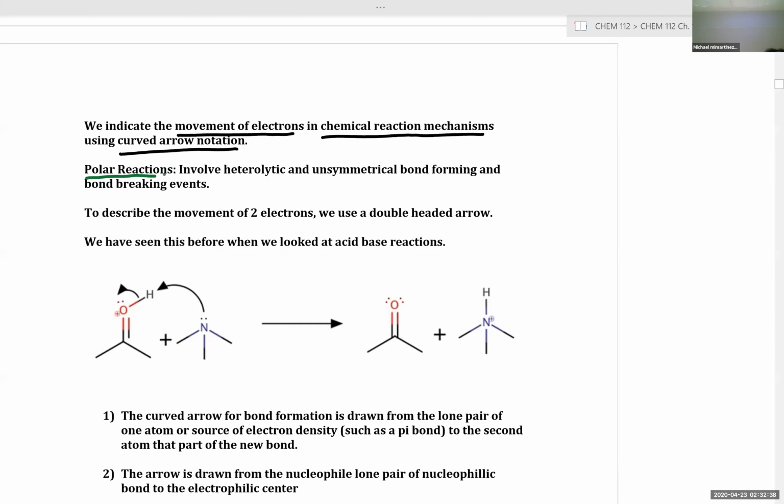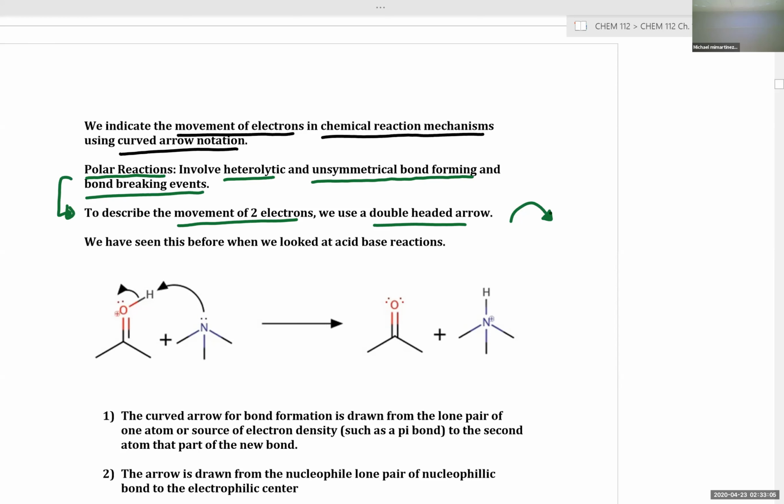Polar reactions involve heterolytic and unsymmetrical bond forming and bond breaking events. For polar reactions, we're primarily going to be looking at two electron movements. To describe the movement of two electrons, we use what's known as a double-headed arrow.